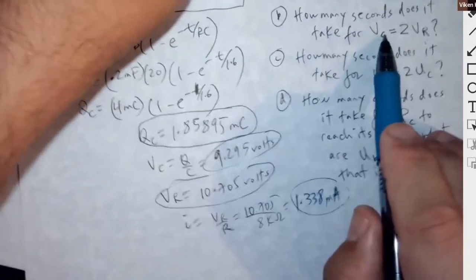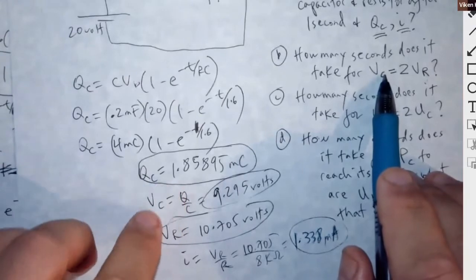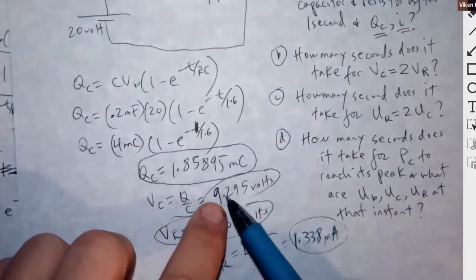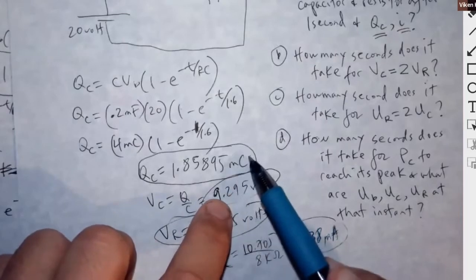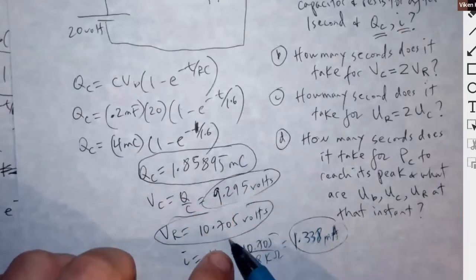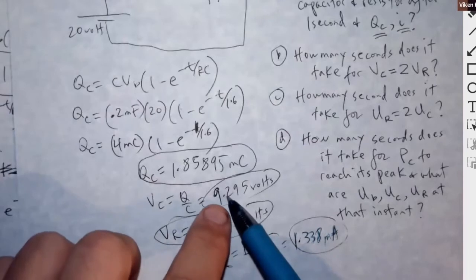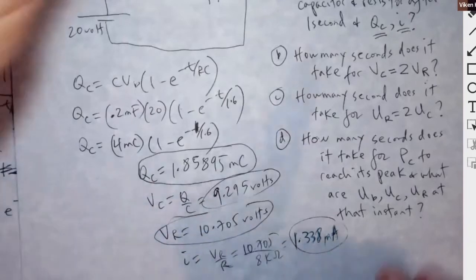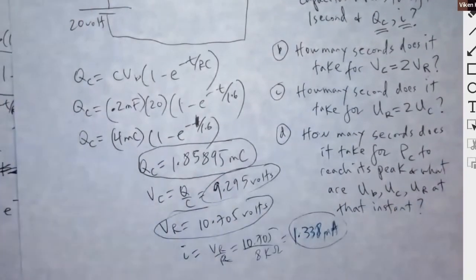Second question, how many seconds does it take for the voltage of the capacitor to be twice the voltage of the resistor? So in other words, I want this guy to keep building up all the way, and this one dying, the voltage of the resistor. Okay. So this one, I could also do it this way.